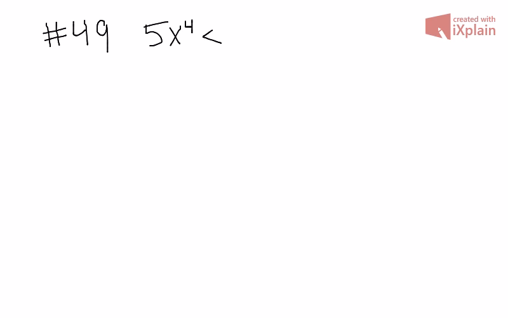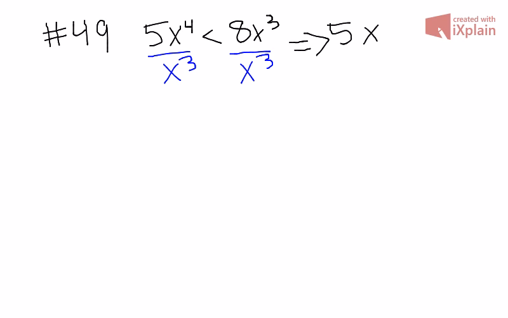Cool, so number 49. We're supposed to use a graphing device, so go ahead and graph it. Now all we're doing is basically solving for x. We're going to divide by x cubed, divide by 5.